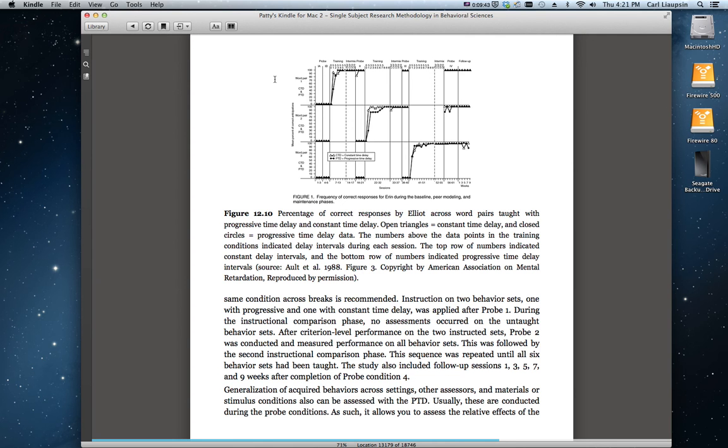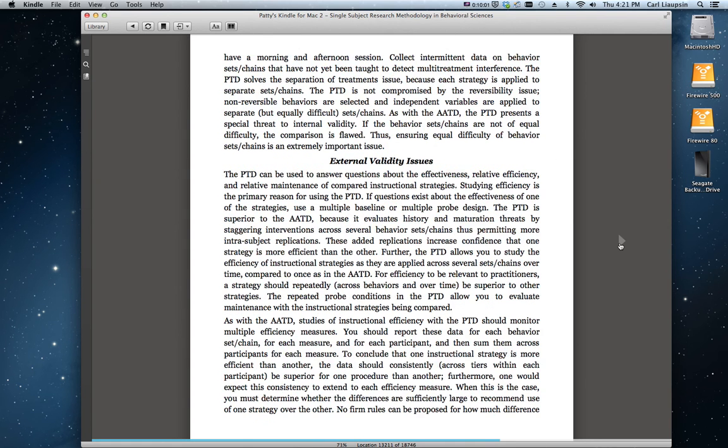So in this case they taught using constant time delay and progressive time delay. And if you don't know what those are, they're methods for direct instruction. Very specific methods for direct instruction.